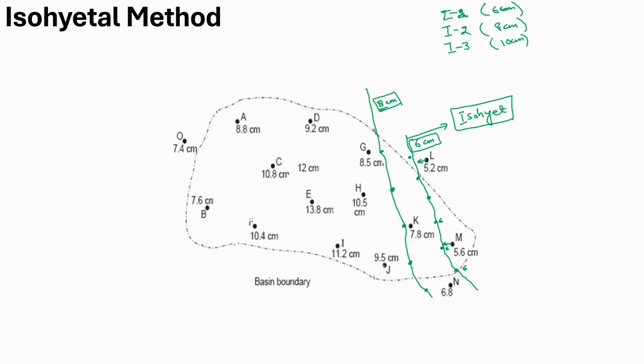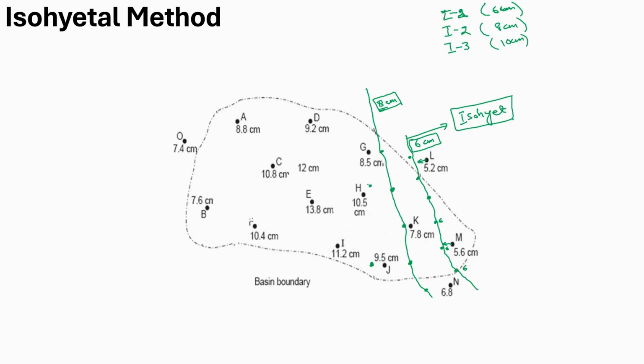So what is the possibility of 10 here? This is 9.5, this is 11.2, so 10 will be somewhere here. This is 10.5, this is 8.5, so 10 will be somewhere here, not on this side.